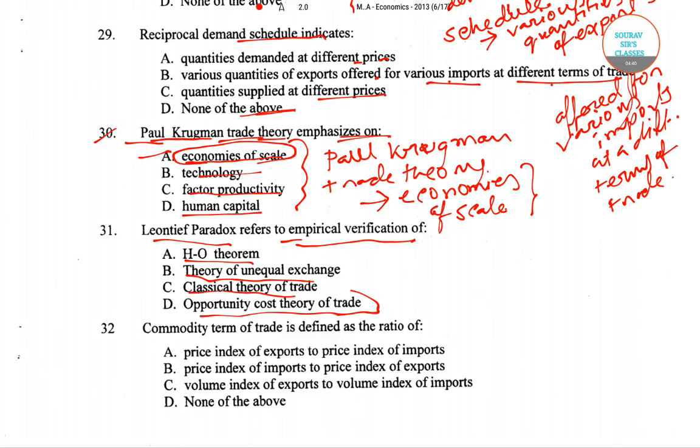We know that Leontief paradox referred to the Heckscher-Ohlin theorem. So for question number 31, the right answer would be option A.